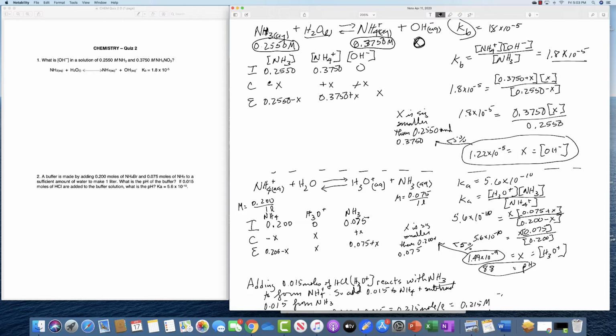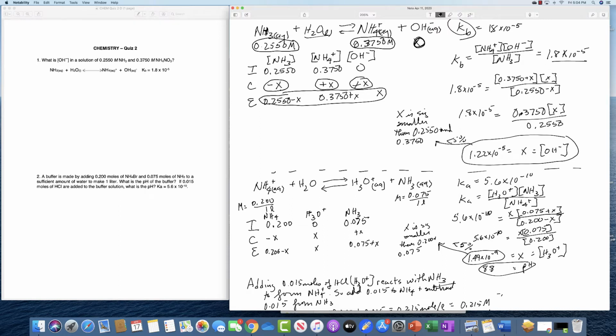So you put your ICE table, you write your initial concentrations, and then you assume that you form X amount of hydroxide ion, which means you're also forming X amount of ammonium ion, and you're taking away X amount of ammonia. So at equilibrium, you have these concentrations, and you put them in here: for the reactant, ammonia, and here's the ammonium ion, and here's the hydroxide ion.